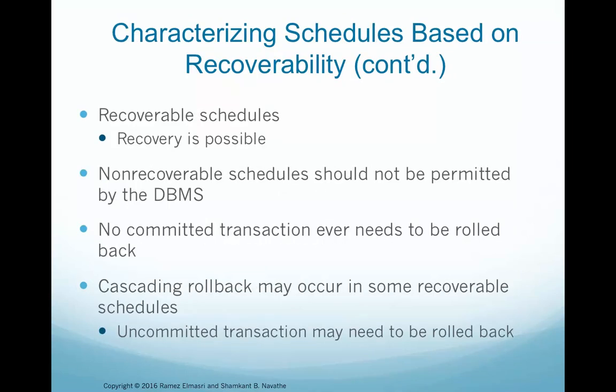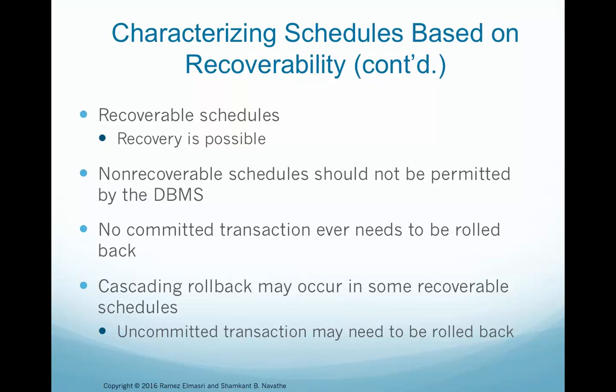So when recoverability is one of the goals, we want to ensure that we are able to recover in case of failures, and the DBMS should not permit non-recoverable schedules. The schedules should be such that recovery is possible. They should be set up in such a way that if a transaction is committed, then there should be no need to roll back.